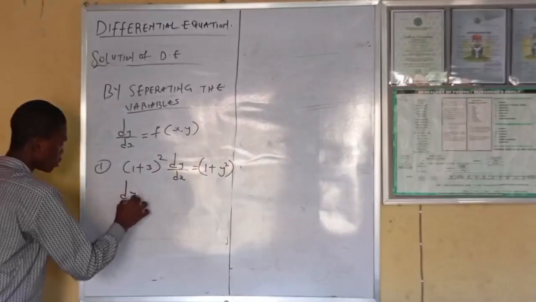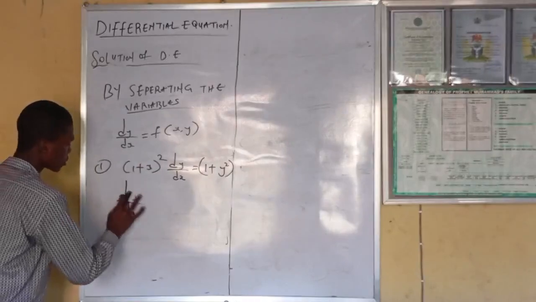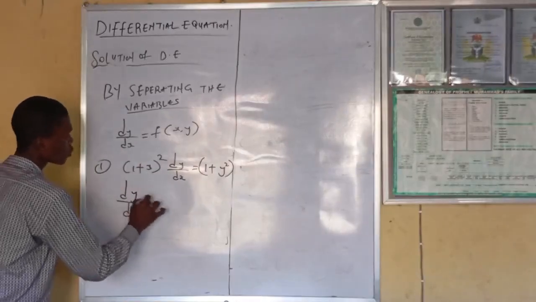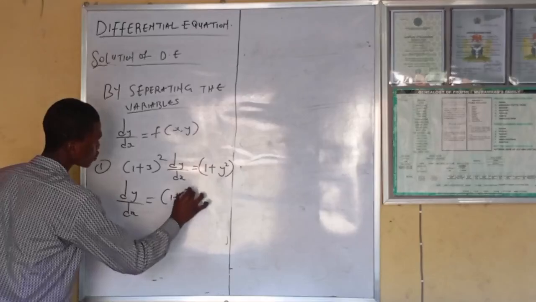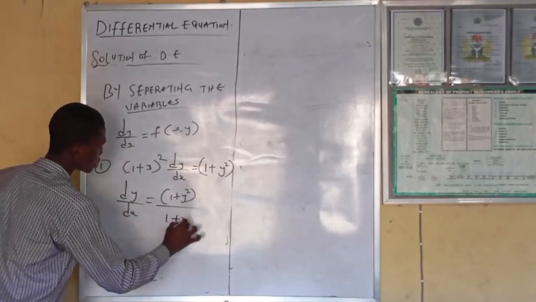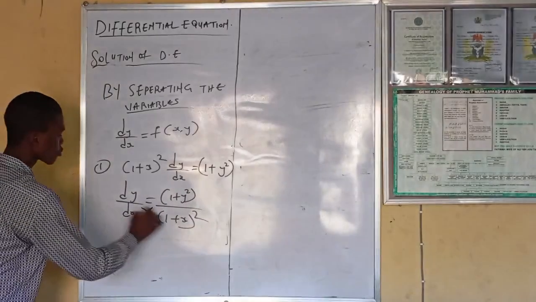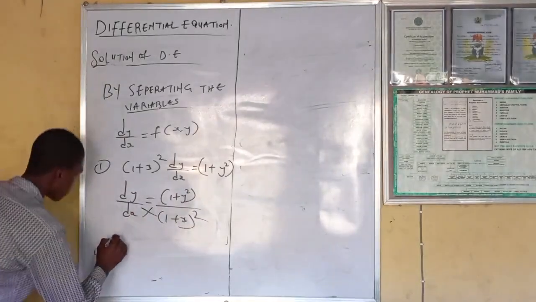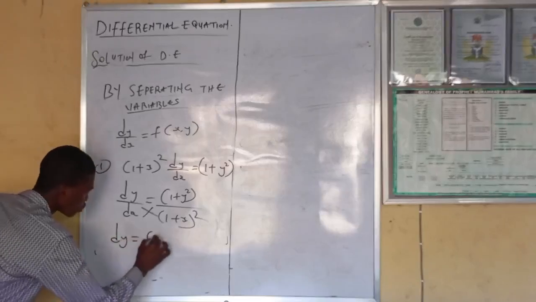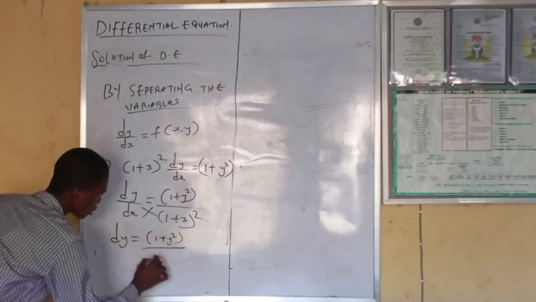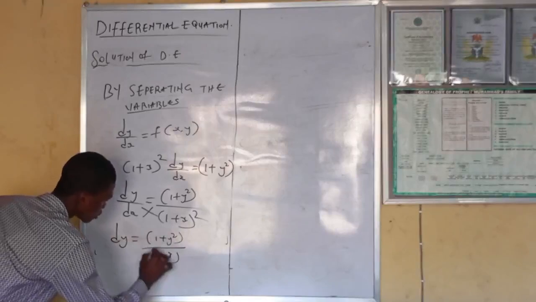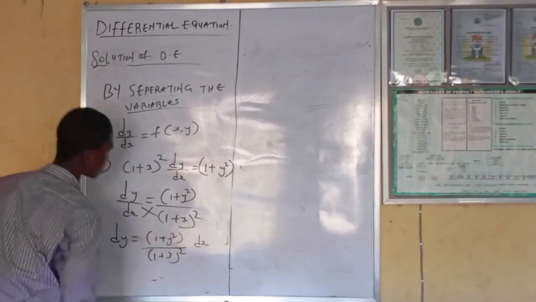Then you have dy over dx equals 1 plus y squared over 1 plus x squared. Next step, cross multiply. You have dy equals 1 plus y squared over 1 plus x all squared dx.